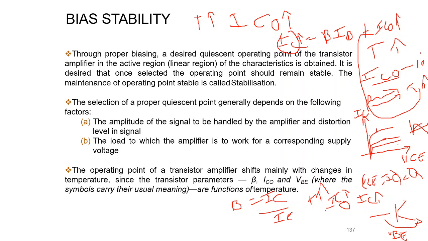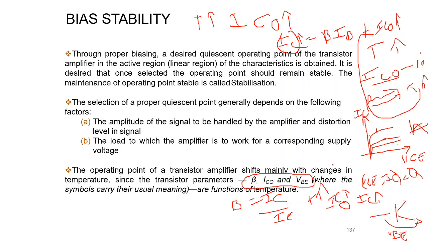So we have to consider these three parameters for the stabilization properties: the beta value, IC0, and the VBE voltage also, for proper amplification.